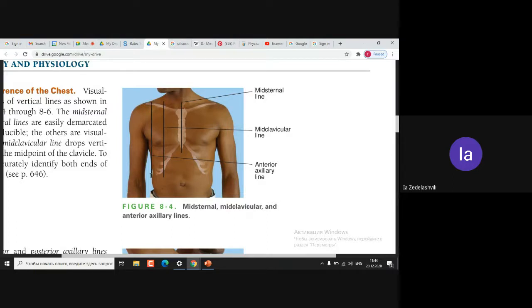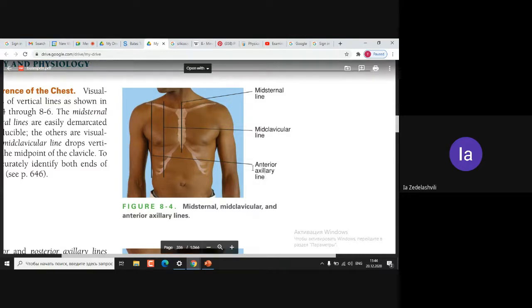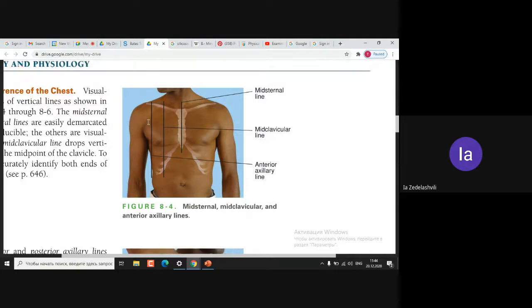See, my dear, here on the side of our thorax till the clavicle, it's named the axilla line, but axilla is from this part till the back side, all the part where the hand connects to the thorax.